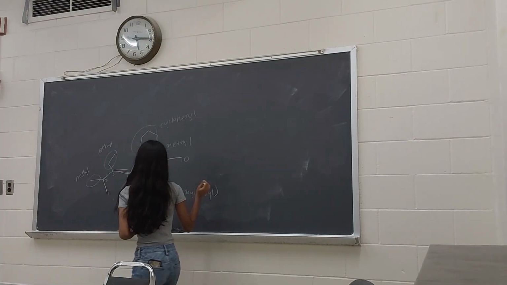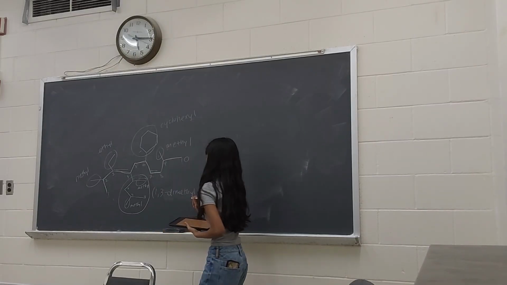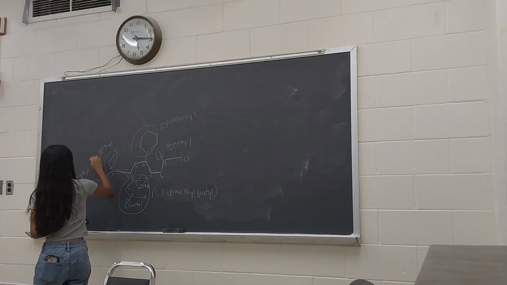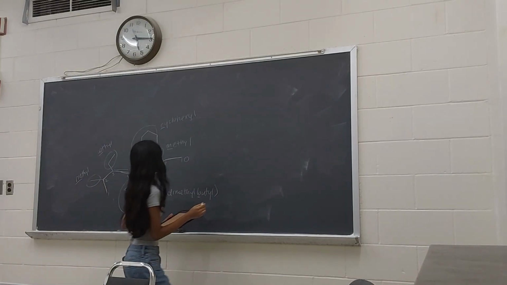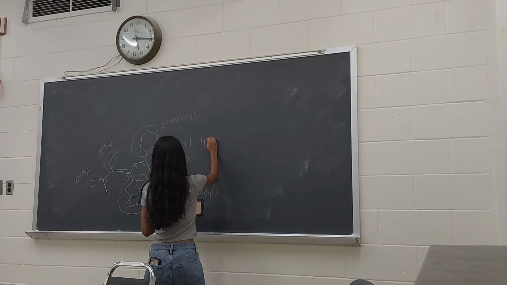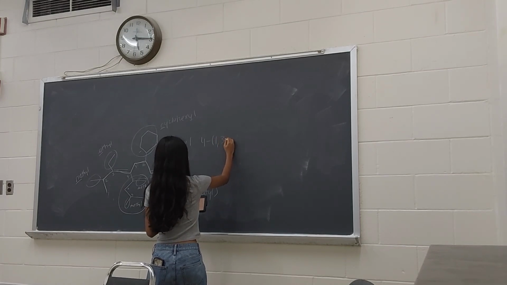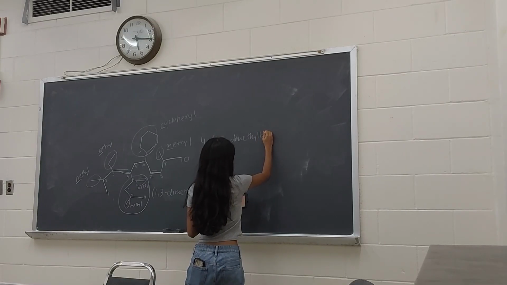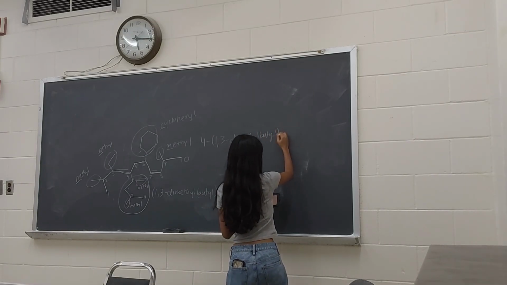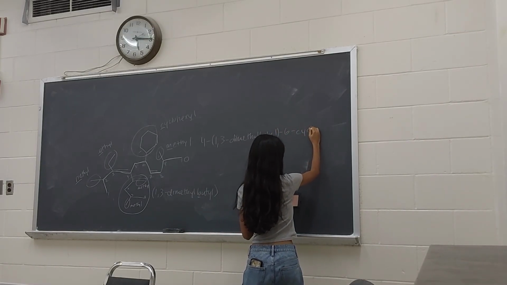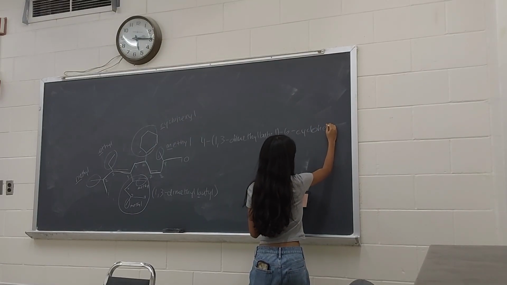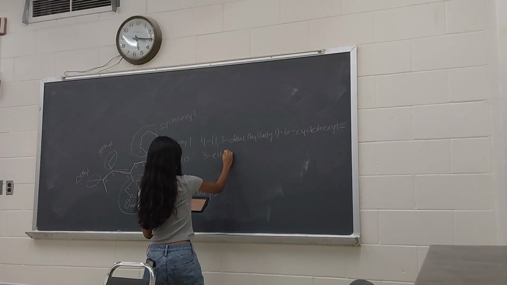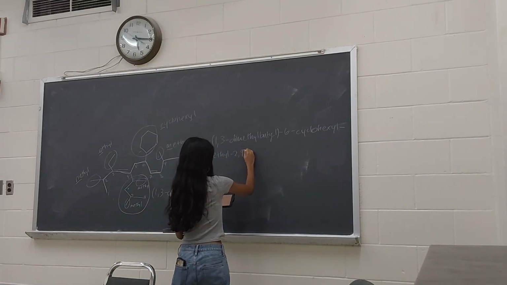For complex, we take the first letter of the base name when alphabetizing, so B in butyl. Then all together it should be 4, 1, 3-dimethylbutyl, 6-cyclohexyl, 3-alcohol, 2,9-dimethyl.